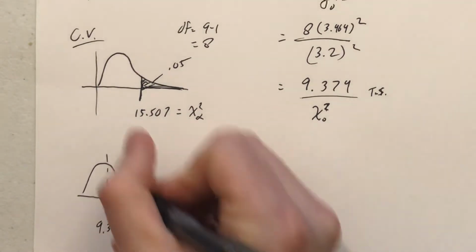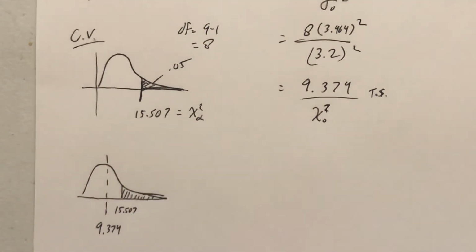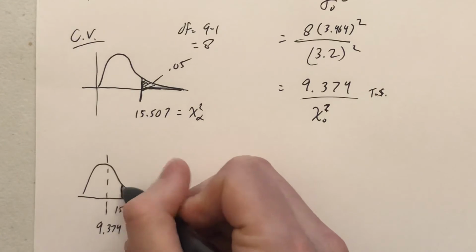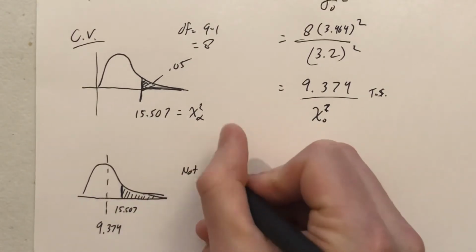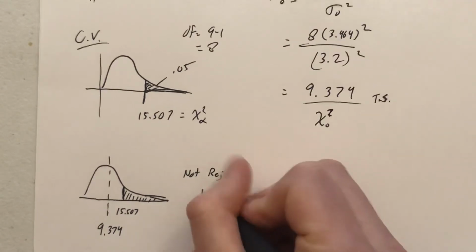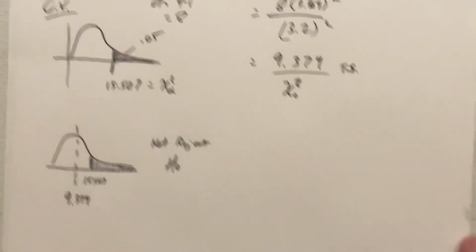We don't necessarily know if it's left or right of the peak, and I don't need you to worry about that. Just know its relationship to this boundary tells us we're going to not reject the null. It's not in the rejection region.